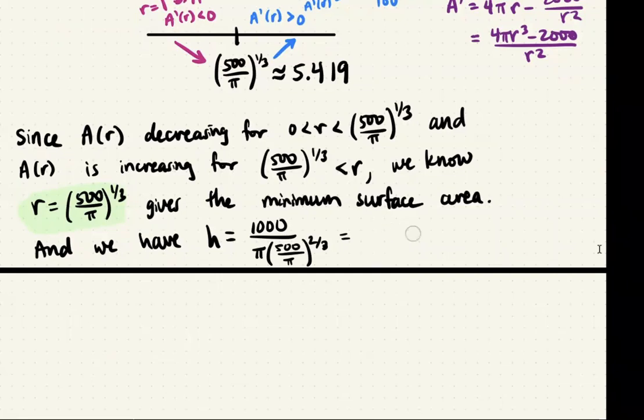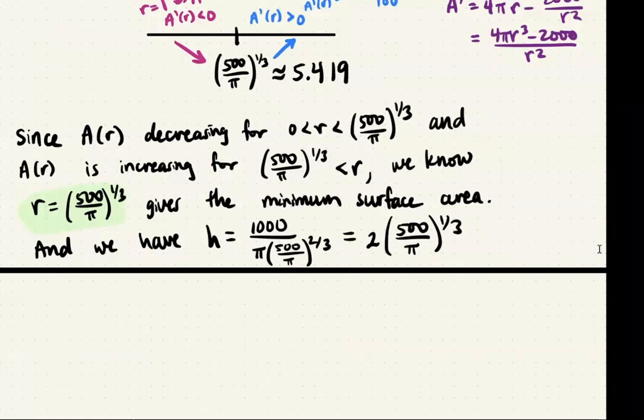Actually, I'll just leave it like this for now. If you'd like, you can simplify this a little bit more. If you do a little bit of algebra, you'll get that this is equal to 2 times 500 over pi to the 1/3 power. Okay.